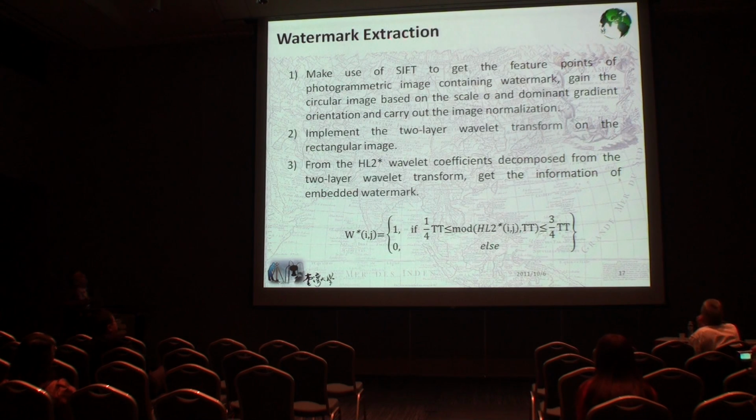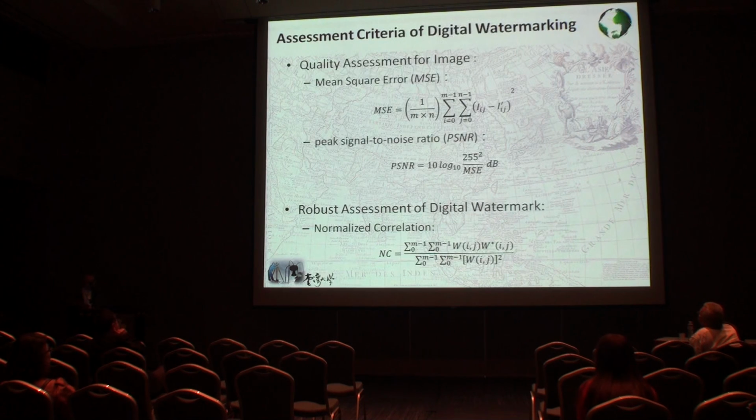And the watermark extraction is the inverse operation. You just do the inverse operation, and you can get the watermark. We want to evaluate the influence of the digital mark, so we have used some assessment criteria for digital watermarking. The first one is to verify the quality assessment of the images.